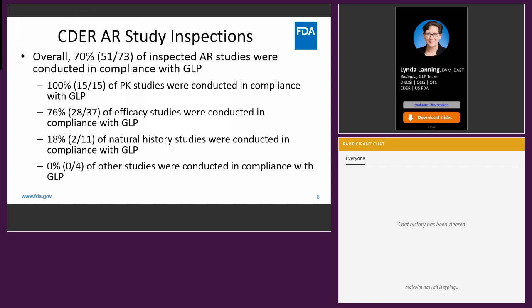As a reminder, Compliance Program 7348007, used for inspection of non-clinical studies conducting animal rule-specific studies, applies to both GLP and non-GLP animal rule studies.